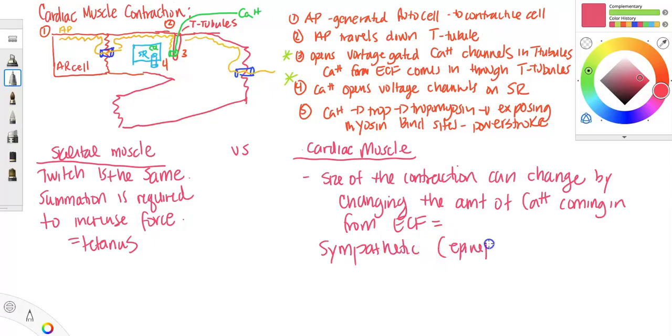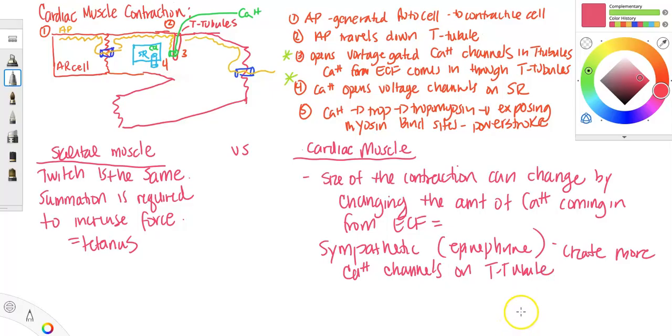So epinephrine will create more calcium channels on the T-tubule. And when more calcium comes in, so increased calcium, it will provide increased contraction force and increased pressure. So less calcium in there will be less force and less pressure.